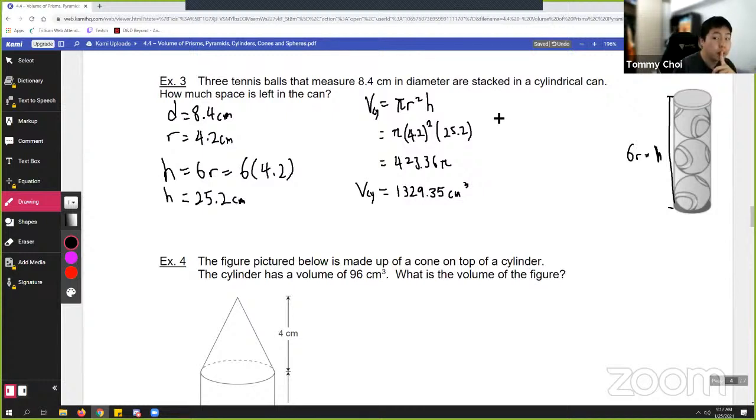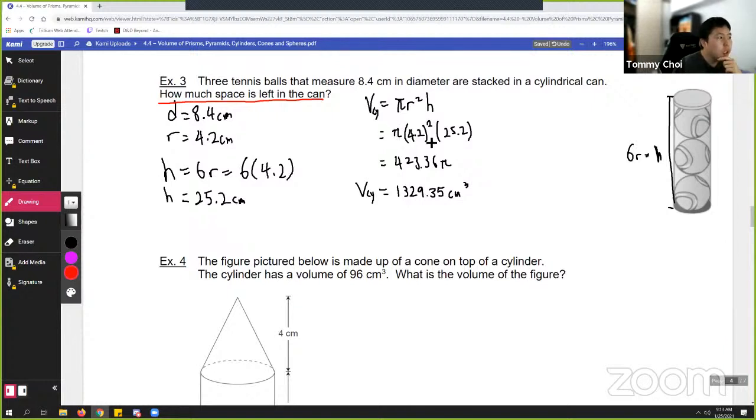If I write the therefore statement, I'm still not done the question. So Elia's right, it's not done, but it's not because of the therefore statement. What does the question actually ask us for? How much space is left in the can? Not how much space is in the can, it's how much space is left in the can.